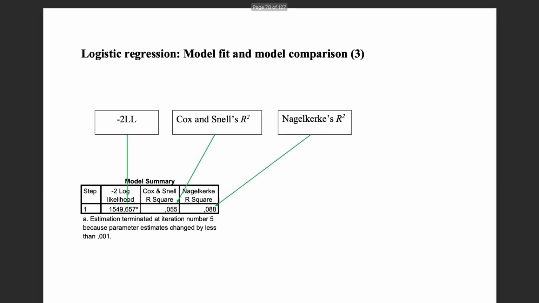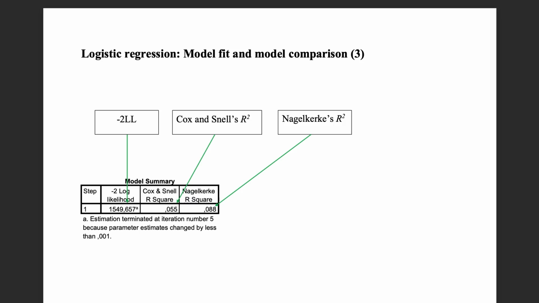Next to that, we get the Nagelkerke R-square column, which reports Nagelkerke's R-square value. Here you see that you get a slightly different pseudo R-square value because it's a slightly different formula to calculate that. In this case, we get an explained variance of 8.8%. So you can see that these different pseudo R-square values really give you slightly different results.